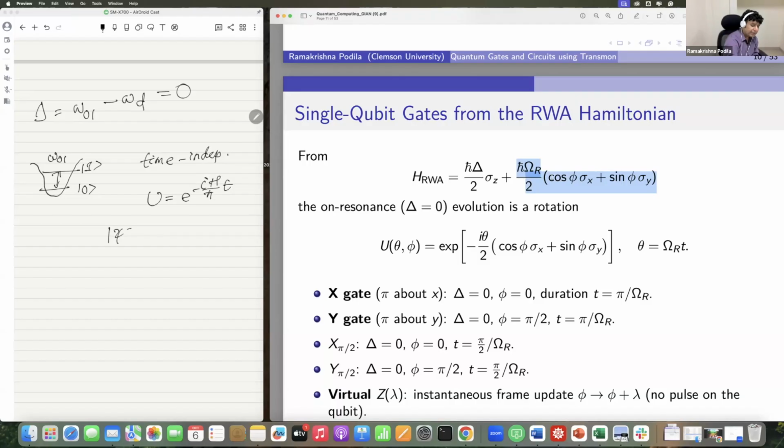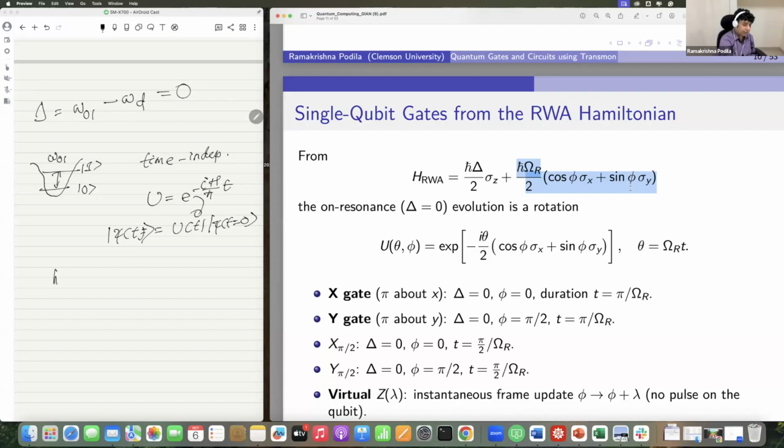And psi at some time t is equal to U of t times psi at time t equals 0. So you apply the unitary operator on psi at time t equals 0, and then you get psi at time t, right? So here our Hamiltonian when delta is 0 is simply this, right?